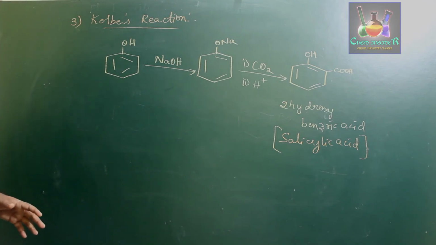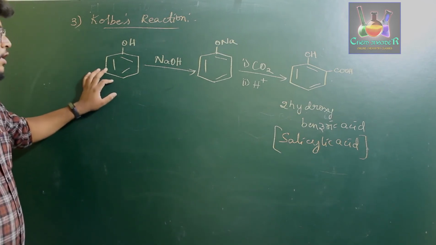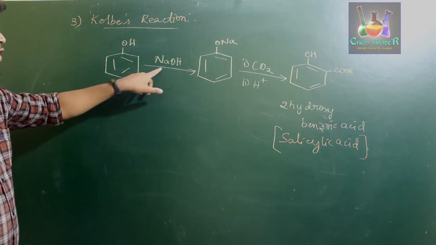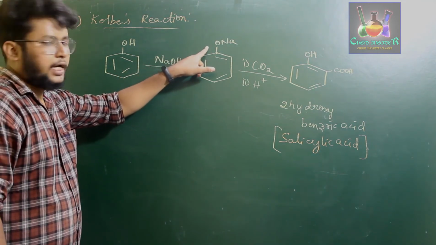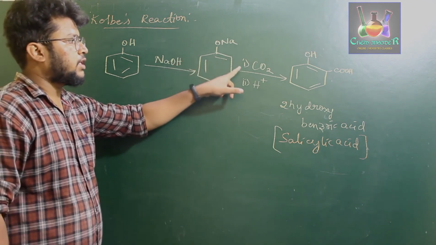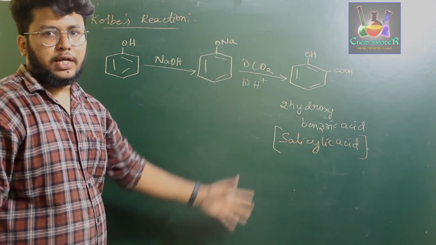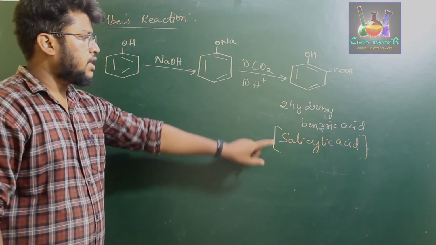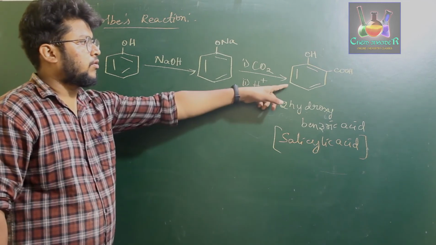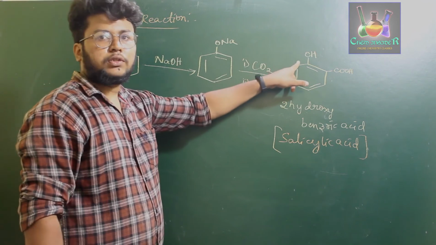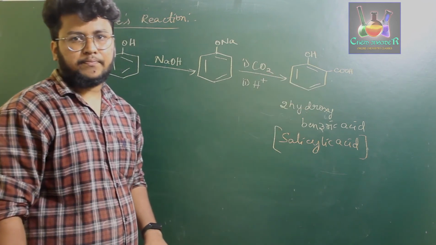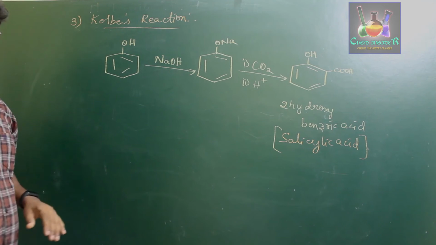I will explain once again. When phenols are treated with sodium hydroxide, it forms sodium phenoxide, which on treating with carbon dioxide forms salicylic acid on hydrolysis. Okay, so this salicylic acid is what we have called over here, that is 2-hydroxybenzoic acid. This is Kolbe's reaction.